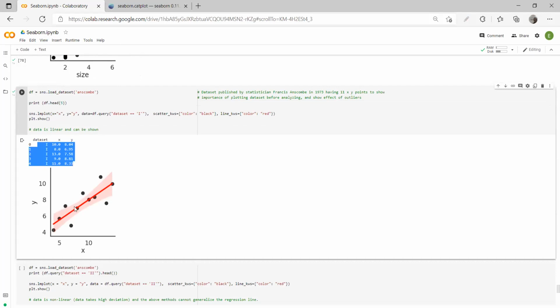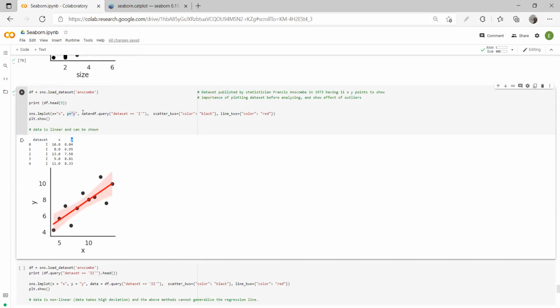Then data set 1, 2, 3, 4, and let's try to understand the query. We are plotting with the x-axis as the x column from this data set and the y-axis as the y column of this data set.